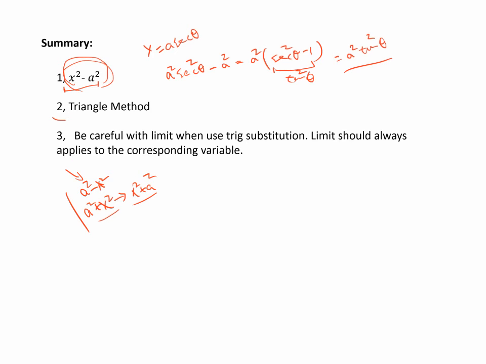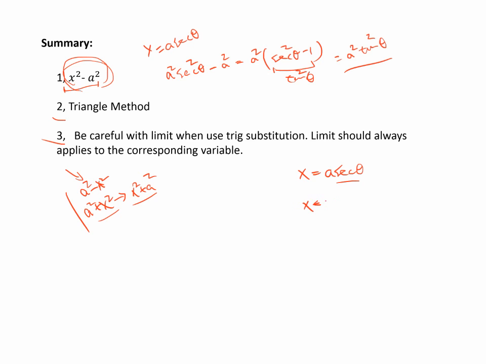Again, triangle method: we don't want theta in the answer, so change everything back into x by using the proper triangle method, also shown before. Number 3: if you use substitution, you have to change the limits if there is a definite integral. For x equals a secant theta, we change things into cosine, 1 over cosine greater than some number and less than or equal to another number. We want to apply the easier method I just mentioned.